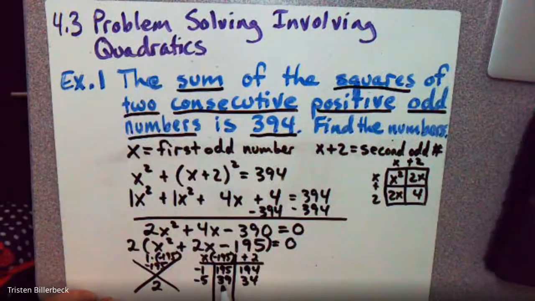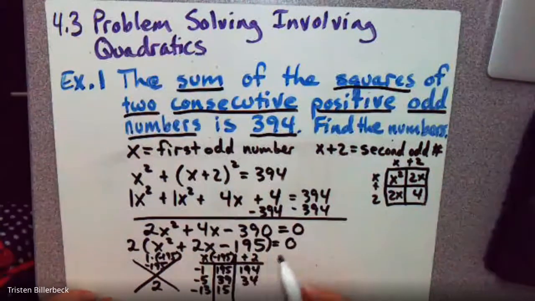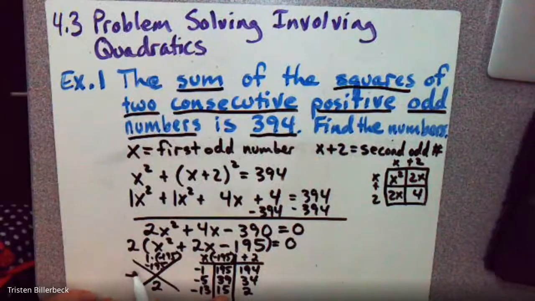So 39 is 3 times 13. So that helps us a bit. 3 times 5 is 15. So let's pull a negative 13 out and take 15, which makes 195. And now we have 2, and we found it. So this is negative 13 and 15.